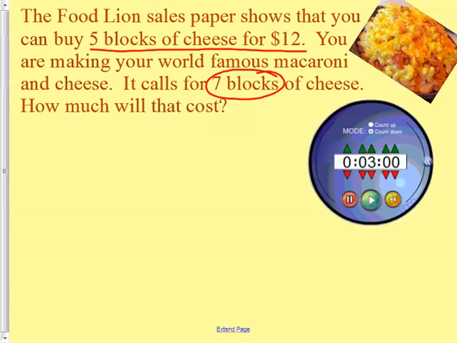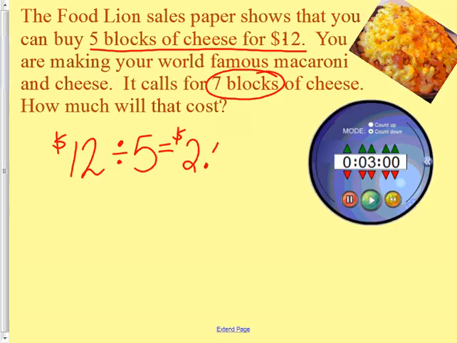Now, if I want to know how much 7 blocks are, could I double the 5 blocks and say that 10 blocks would be $24? Well, that might give me some idea that it's going to have to be between $12 and $24, but I need 7 blocks of cheese, not 5 and not 10, somewhere in between. The best thing I can do is find the unit price. $12 divided by 5 blocks of cheese is going to give me that each block of cheese is going to cost me $2.40.